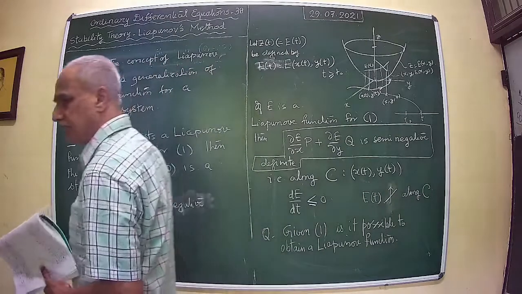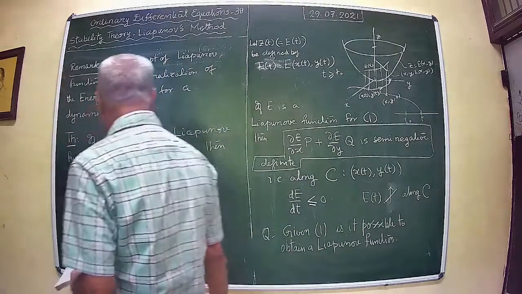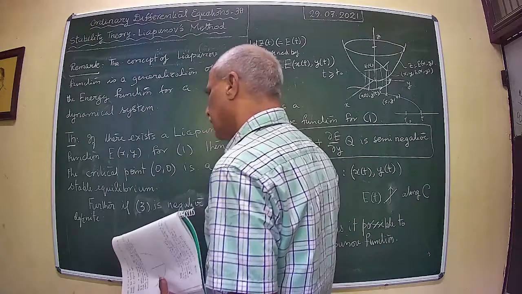For a Liapunov function, it is sufficient to be negative semi-definite.